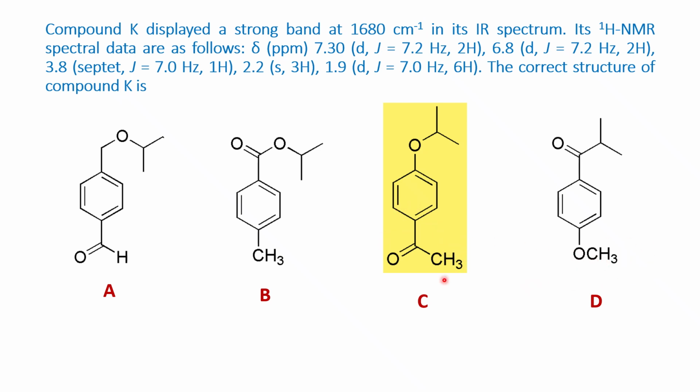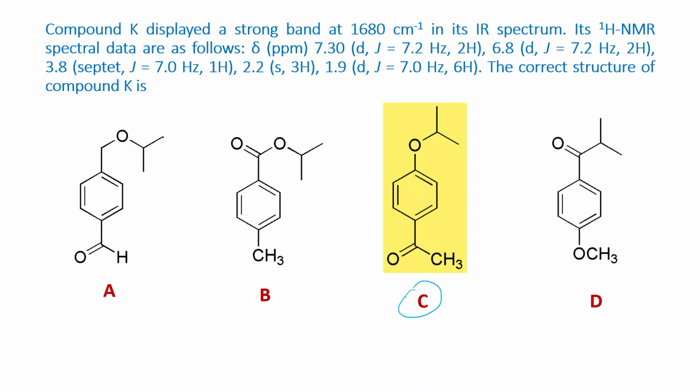It is only the acetate group that appears at around 2.2, whereas the methoxy group, because it is next to an electronegative oxygen, will appear beyond 3.3 to 3.6. And as a result, from the given data, we can very easily conclude. We don't have to solve the others at all. We can very easily conclude C is the correct option in this particular question.